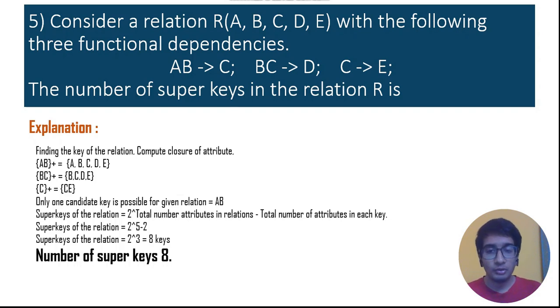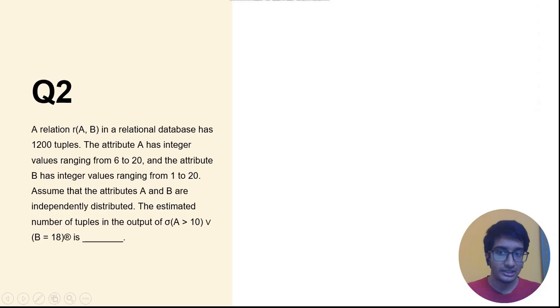So all possible superkeys are AB, ABC, ABD, ABE, ABCD, ABCE, ABDE, ABCDE. These correspond to, as you can see in the PPT, 2 raised to the power 3, which is equal to 8 keys, where 3 is the number of attributes, C, D, and E, that can be combined with AB. So in conclusion, that is how we get the number of super keys as equal to 8.